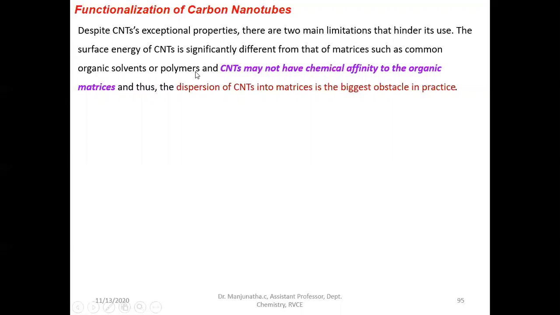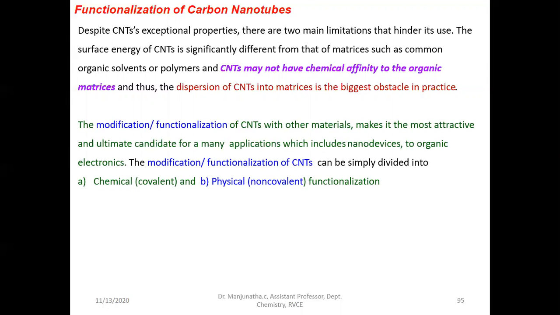So carbon nanotubes can be converted to soluble carbon nanotubes in two ways. One is by chemical or covalent functionalization, or by physical or non-covalent functionalization. It means that the surface energy of the carbon nanotube is different. Once the surface is attached with some polar groups, its surface energy is completely changed, and its solubility in polar solvents like water and other polar organic solvents will be easier.